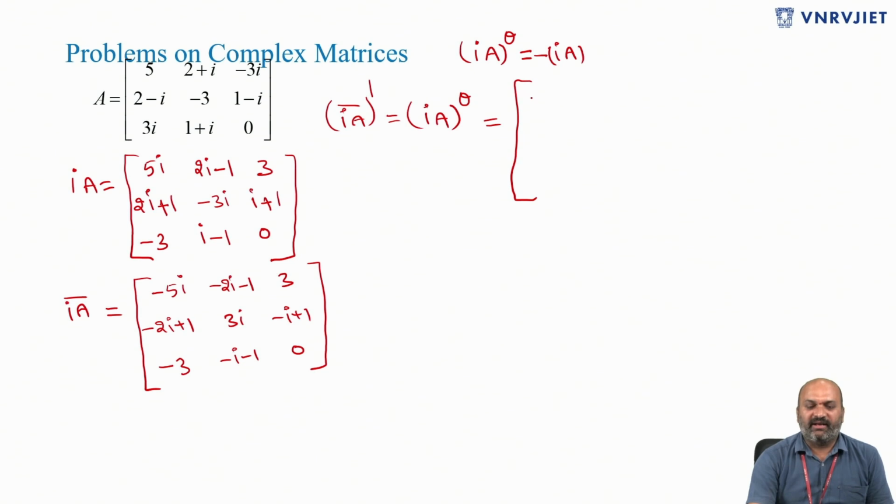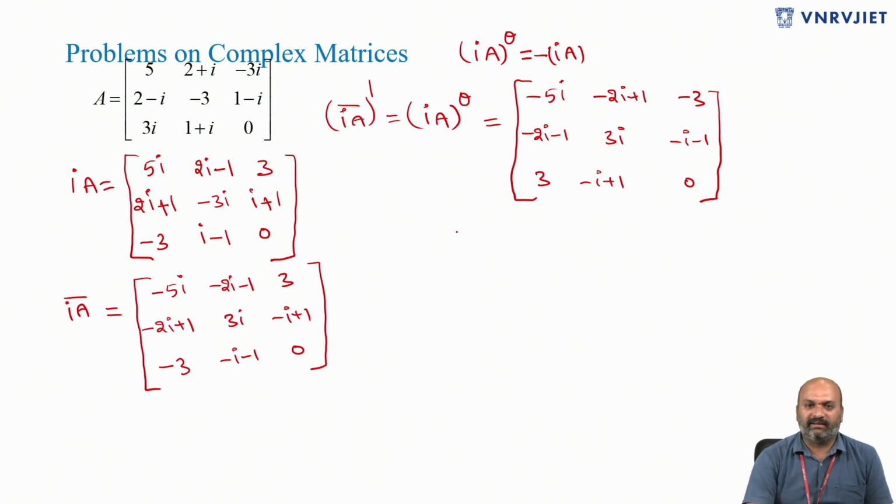First column as first row: minus 5i, minus 2i minus 1, and 3. Second column as second row: minus 2i plus 1, 3i, minus i minus 1. Third column as third row: minus 3, minus i plus 1, and 0. This is iA power theta.